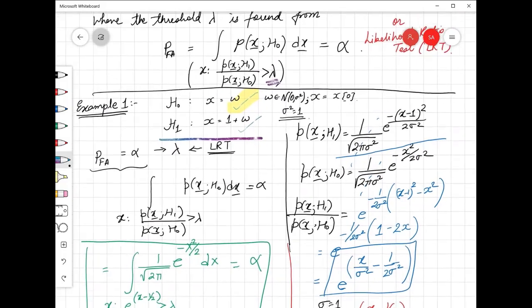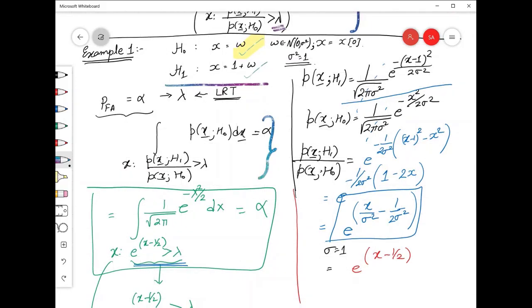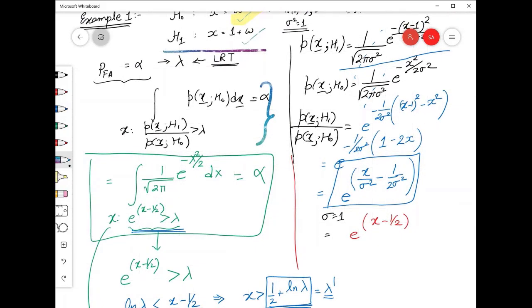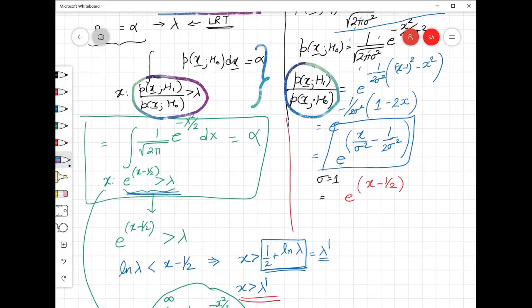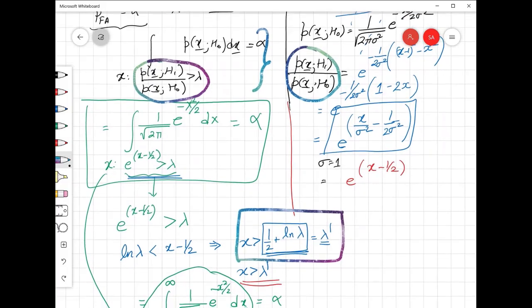For that, I have to solve this equation, the probability of false alarm equation. Now to solve this, I need this particular expression here. So I first figured out the likelihood ratio function. Solving this, I got this condition here, which is x should be greater than half plus ln of lambda.